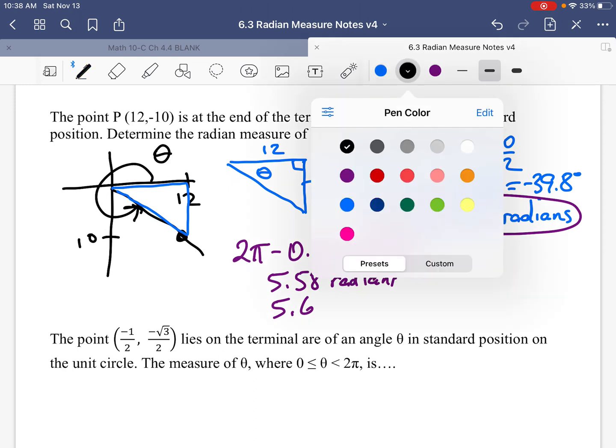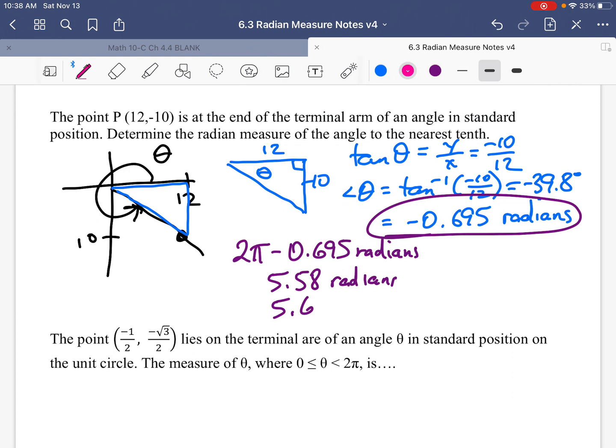Now if we did it with degrees, it would be 360 degrees minus 39.8 degrees. That's 320.2 degrees.